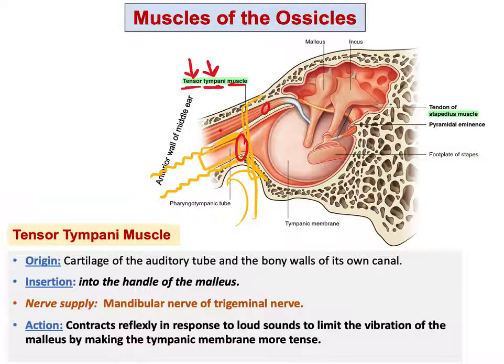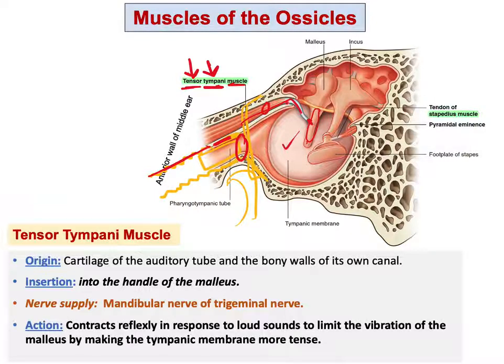First of all, it originates from the bony part and from the cartilaginous part of the pharyngotympanic tube, the eustachian tube I mean, and it is inserted by its tendon into the handle of the malleus, as you see here. Here is the attachment, and you know the handle of the malleus is attached to the internal, or medial, side of the tympanic membrane.